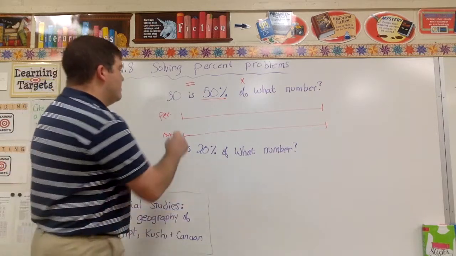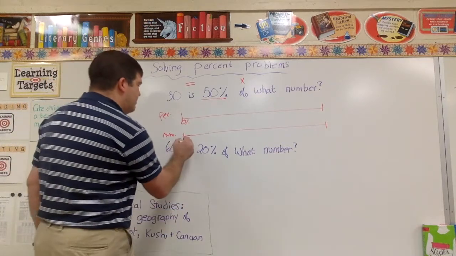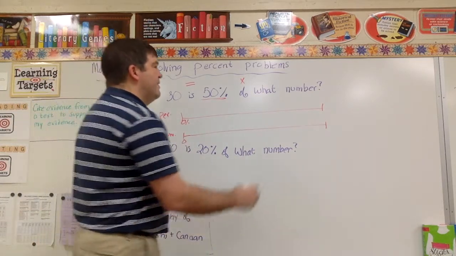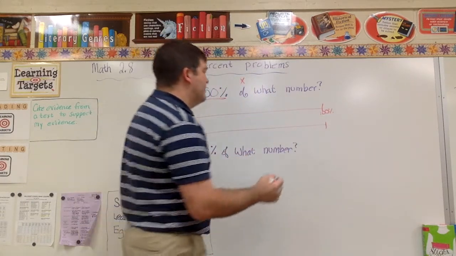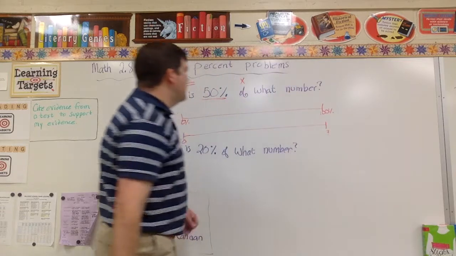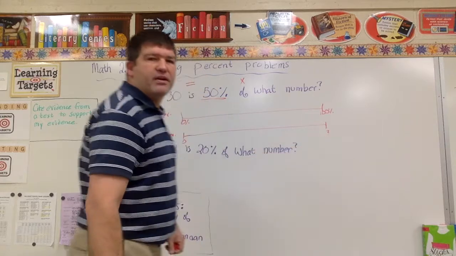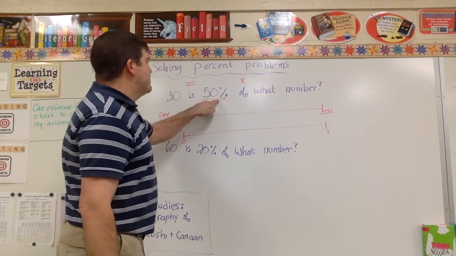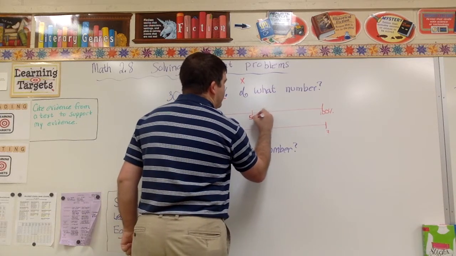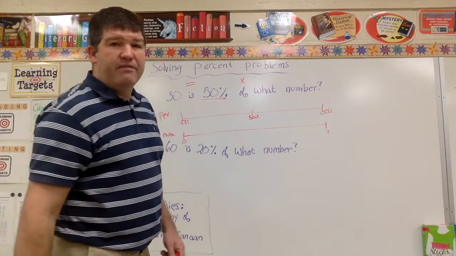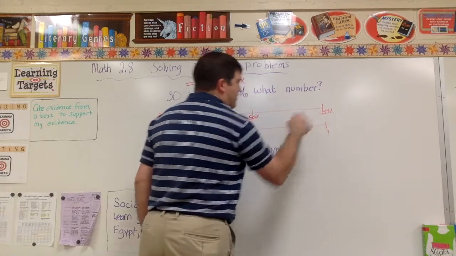If I have 0% here, 0% of something is always going to be just 0. Over here, this is going to be my 100%. That's everything. This, I don't know what it is yet. 50% of what number? This is the what number. This is what I got to figure out. But 50%, I know 50% is right here, because 50 is half of 100. So it goes 0, 50, 100.